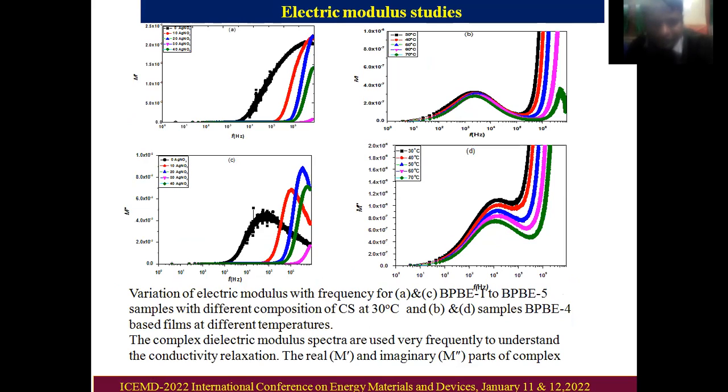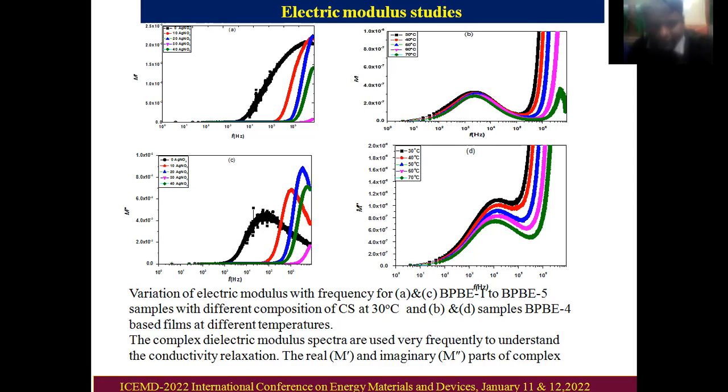Electric modulus study. The variation of the electric modulus with frequency for figures A and C, biopolymer 1 to biopolymer 5 samples with different compositions of CS at 30 degrees centigrade, and figures B and D, biopolymer based electrolyte film at different temperatures.